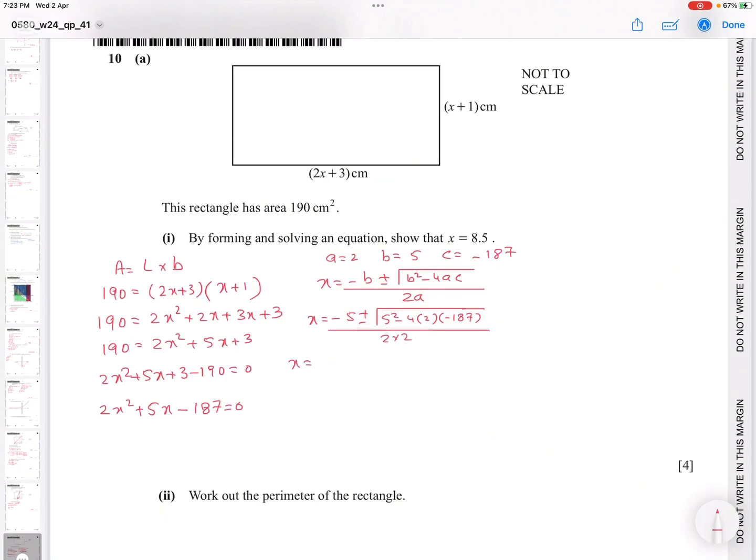So x equals minus 5 plus minus square root of 1521, whole over 4. First with positive sign and second with negative sign.